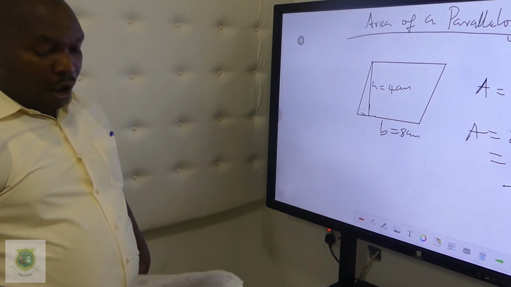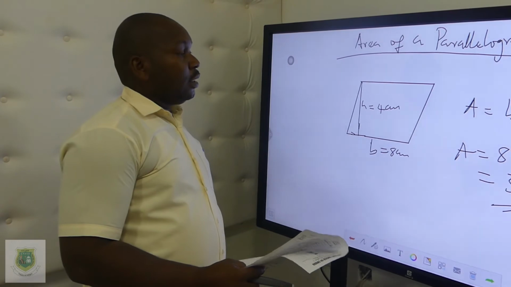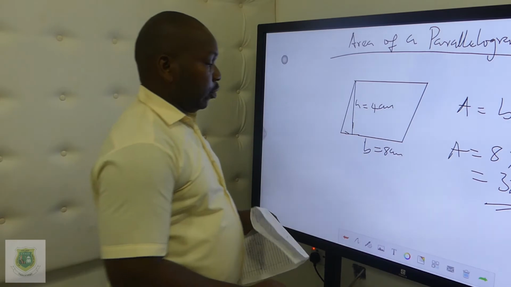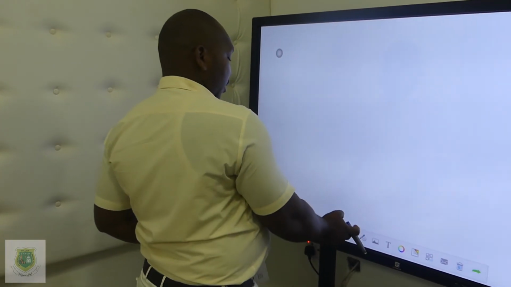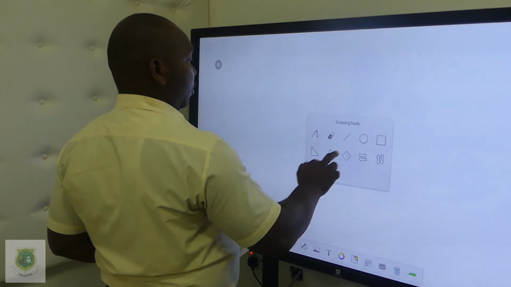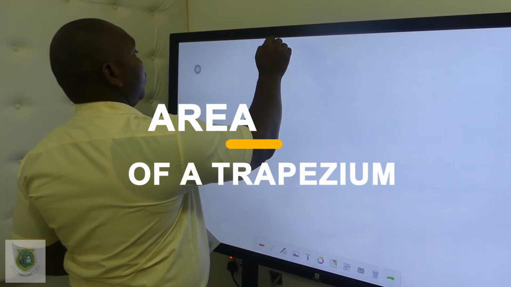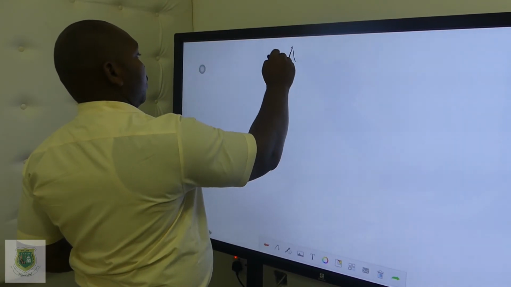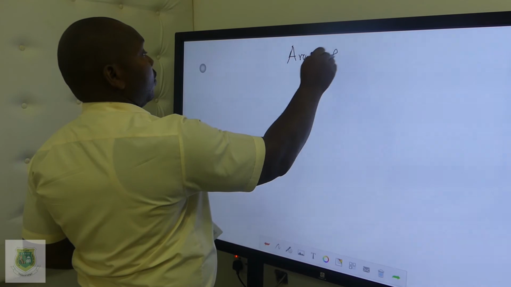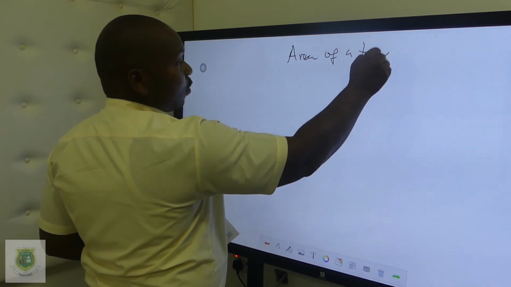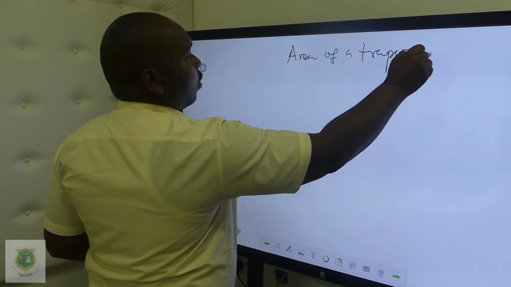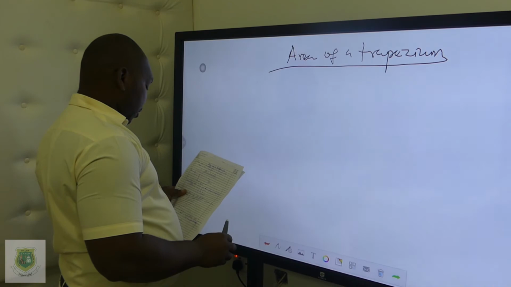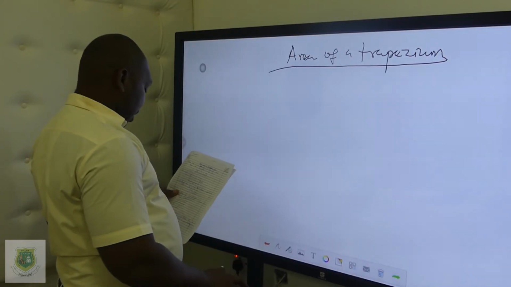The last one we are going to look at is the trapezium, the area of a trapezium. A trapezium has a trapezoidal shape, and we looked at that in our first lesson.